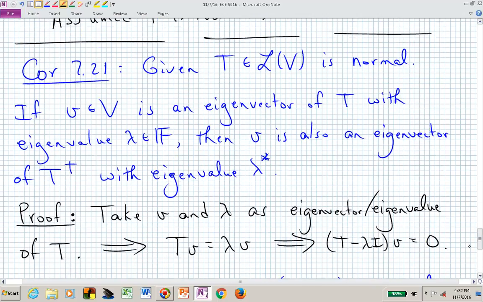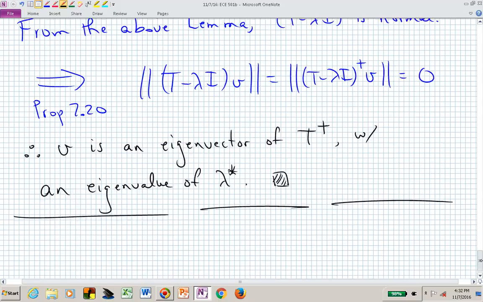Which now says that if we have a normal operator and somebody's interested in the eigenvectors of that operator, and maybe they're interested in the adjoint's eigenvectors, those will be the same, and their eigenvalues will be conjugates of each other. That's if T is normal.